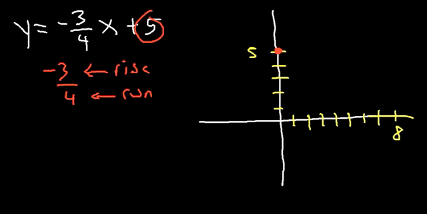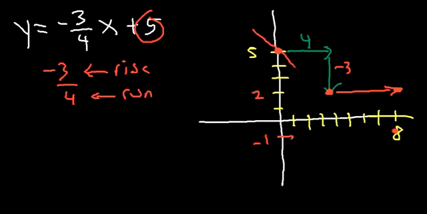So we're going to travel 4 units to the right and we're going to go down 3 units. So our next point is over here. And then we're going to do the same thing. We're going to travel 4 units to the right towards 8 and down 3. So we're going to be down at -1.